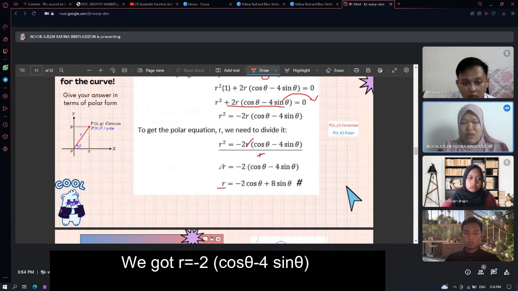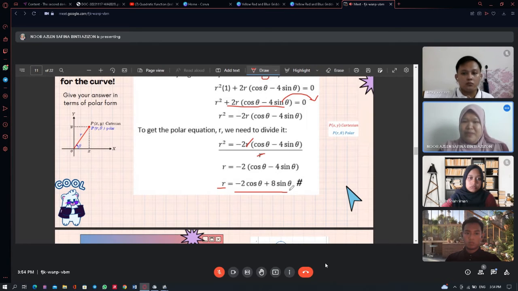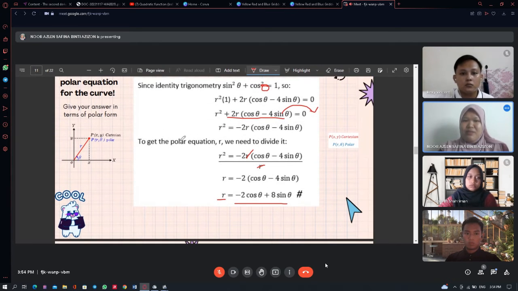Then we get r equal to negative 2 bracket cos theta minus 4 sin theta. The last step is to expand the negative 2 into the bracket, and we get negative 2 cos theta plus 8 sin theta. Get it?